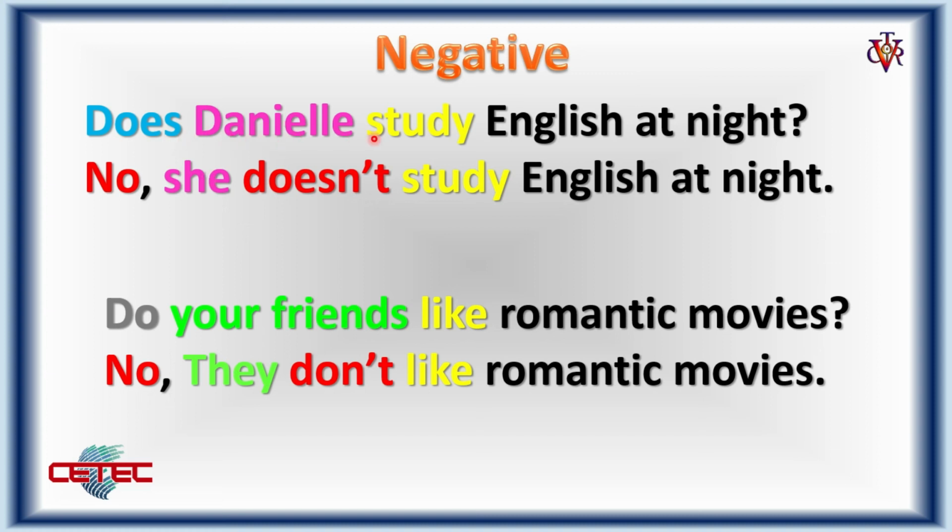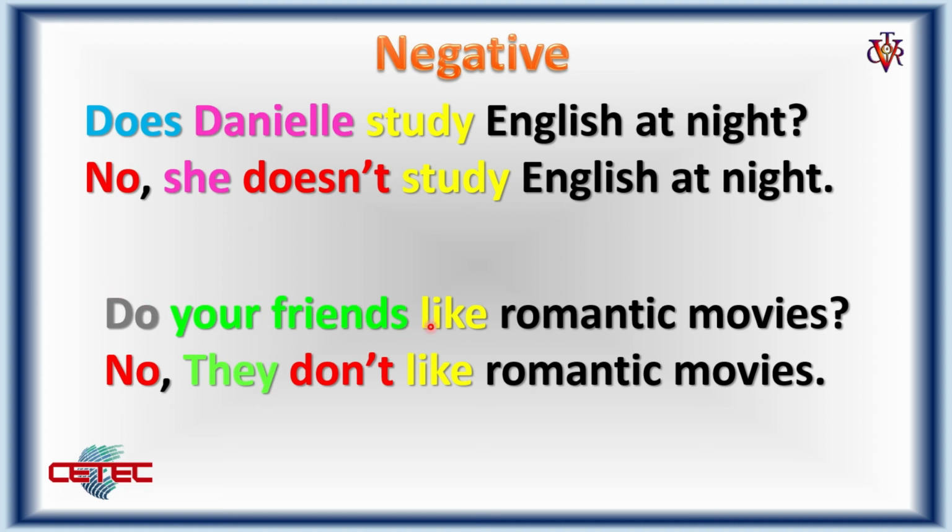Does Daniel study? The verb study and the complement English at night. Now, in a negative form, don't forget that any verb is going to be different. The verb has to be in a simple present form. No, she doesn't study English at night.